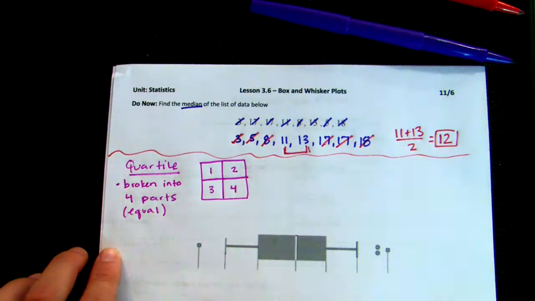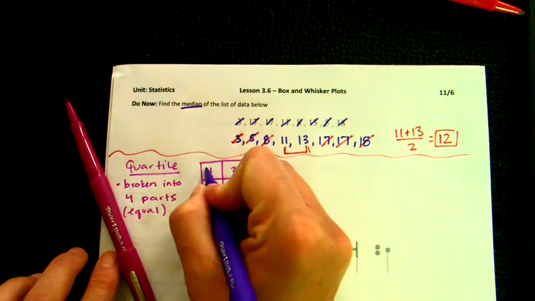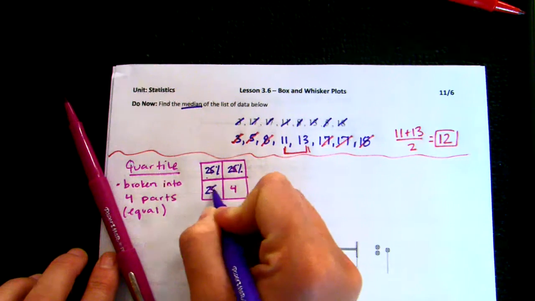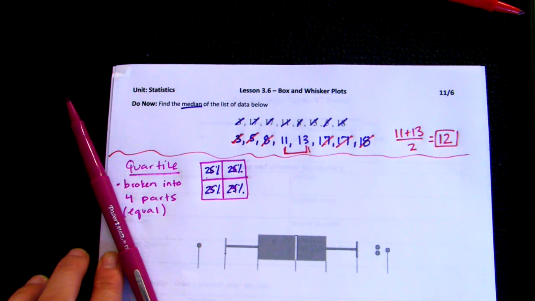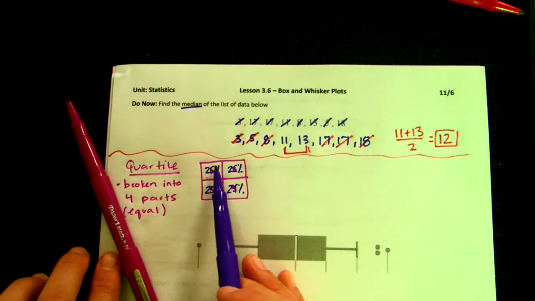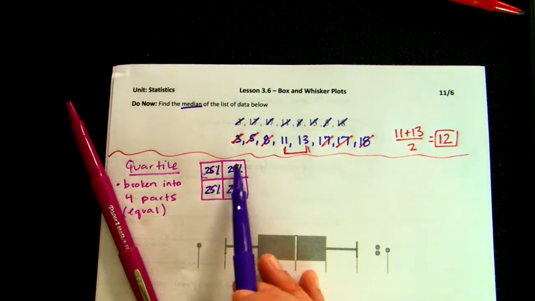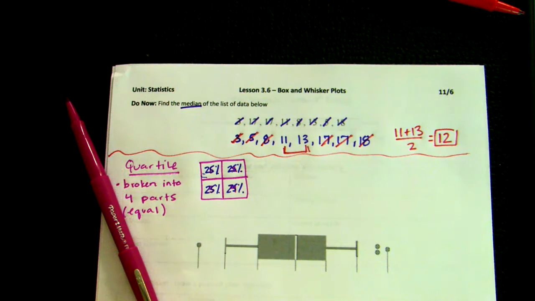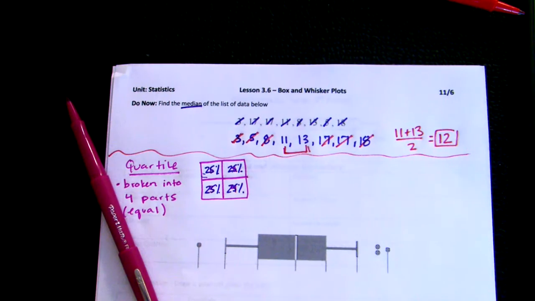Because it's broken into 4 equal parts, that means I have 25% or 1/4 of my data in each quartile or section. 1/4 of my data, or 25%, is in this quartile, same here and same here. So we're breaking something into 4 equal parts where 25% of the data is in each section.